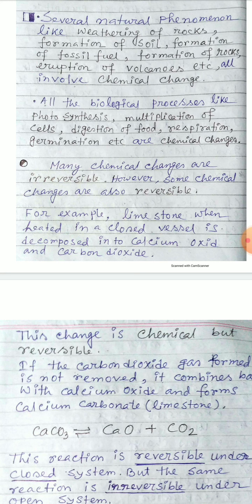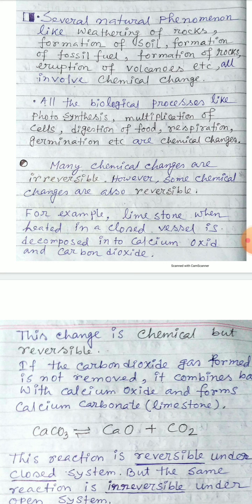All the biological processes like photosynthesis, multiplication of cells, digestion of food, respiration, germination, etc. are chemical changes. Many chemical changes are irreversible, however some chemical changes are also reversible. Generally, most chemical changes are irreversible, but some are reversible.